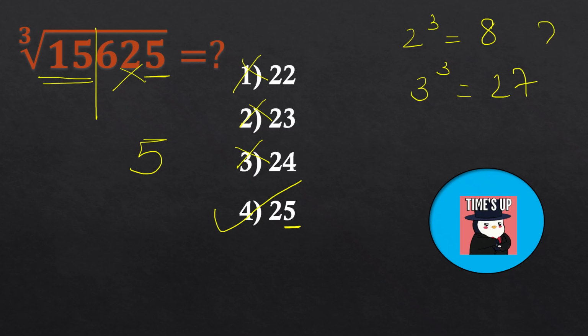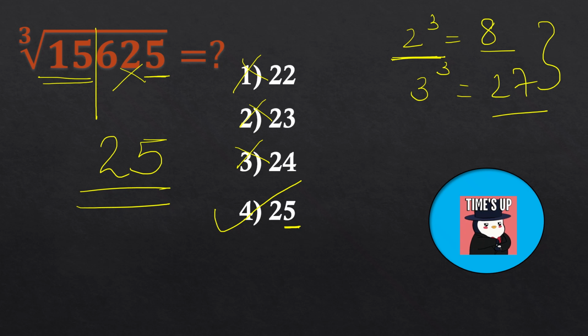So 15 lies between 8 and 27. You need to choose the smallest cube, so 2 cube. Here the first digit will be 2. So 25 is the answer.